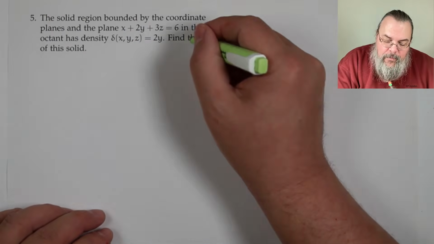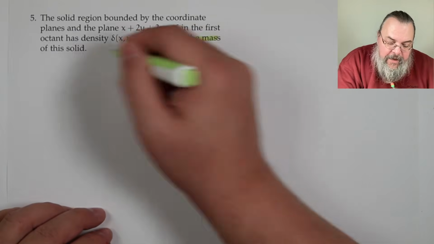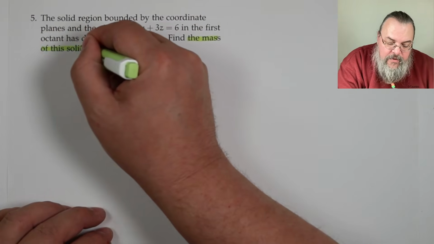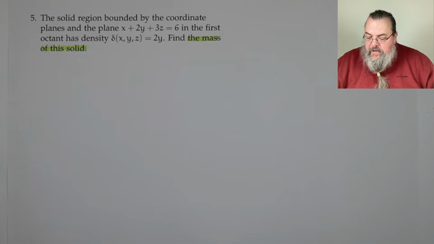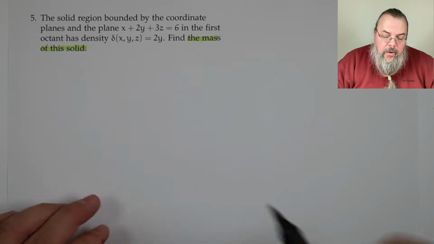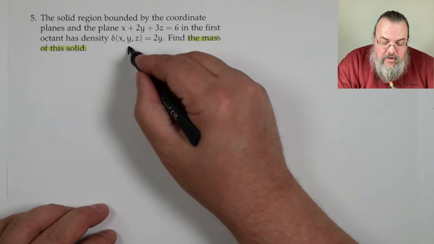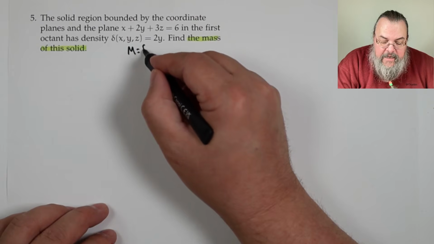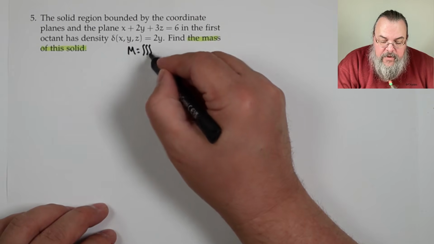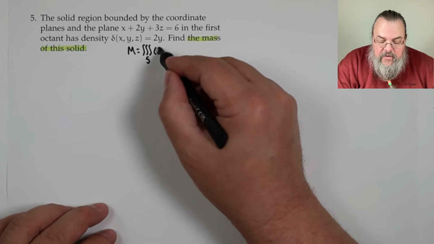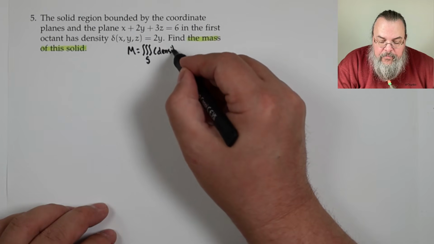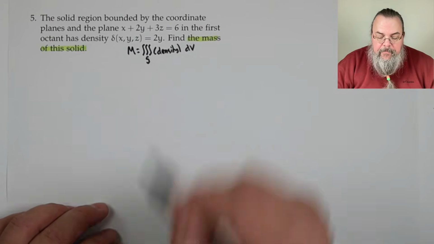Okay, so first off, we know we're after mass, and we know it's a 3D shape because it says solid. So for reference, we'll write down our generic formula. We have that mass is found by adding up, so triple integral because it's a solid, over our solid, our density dV.